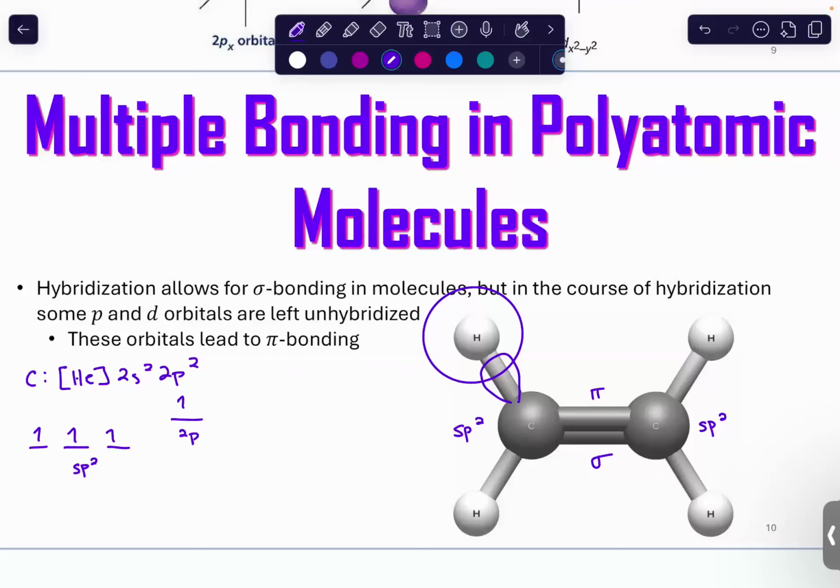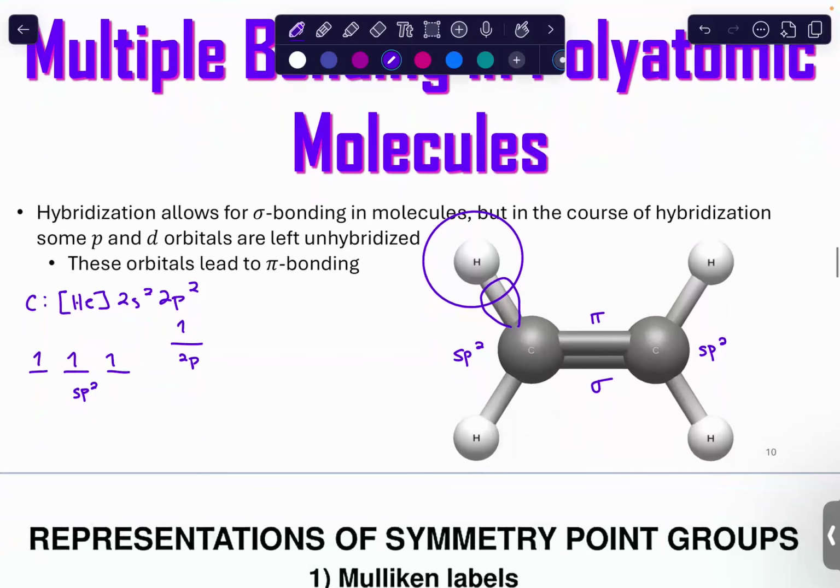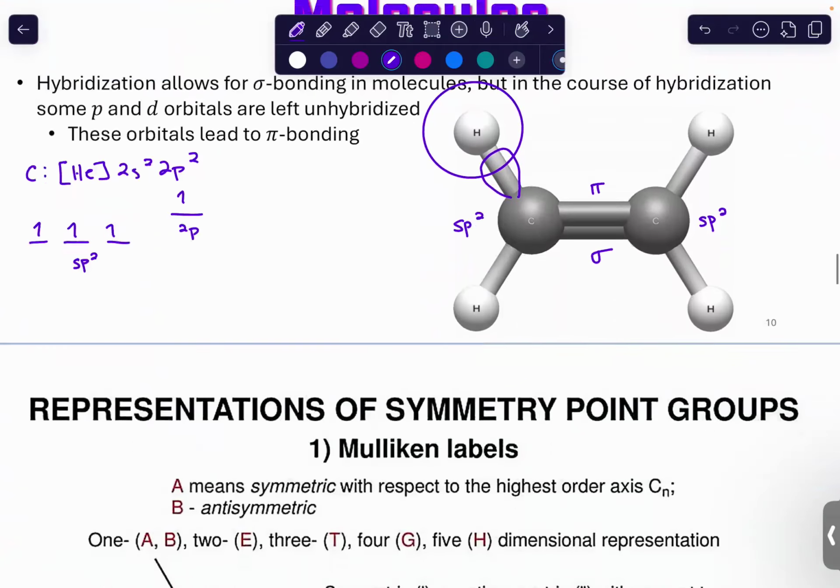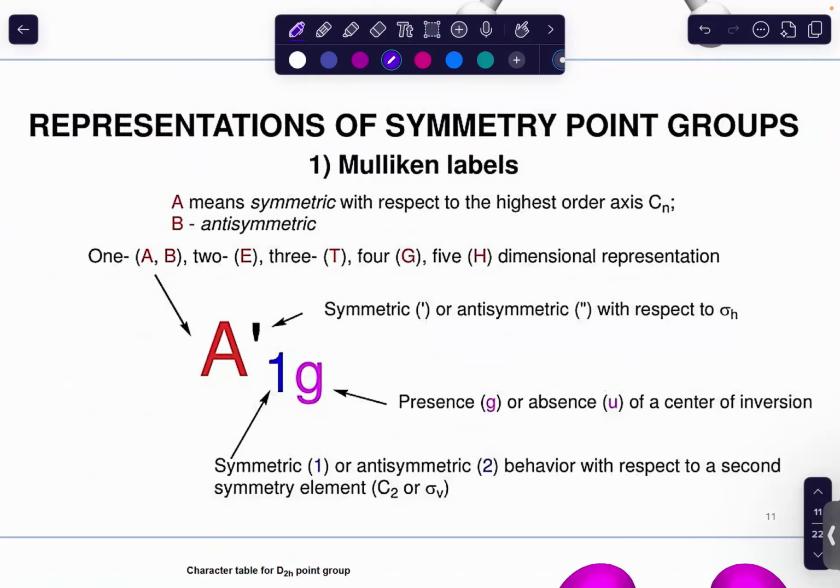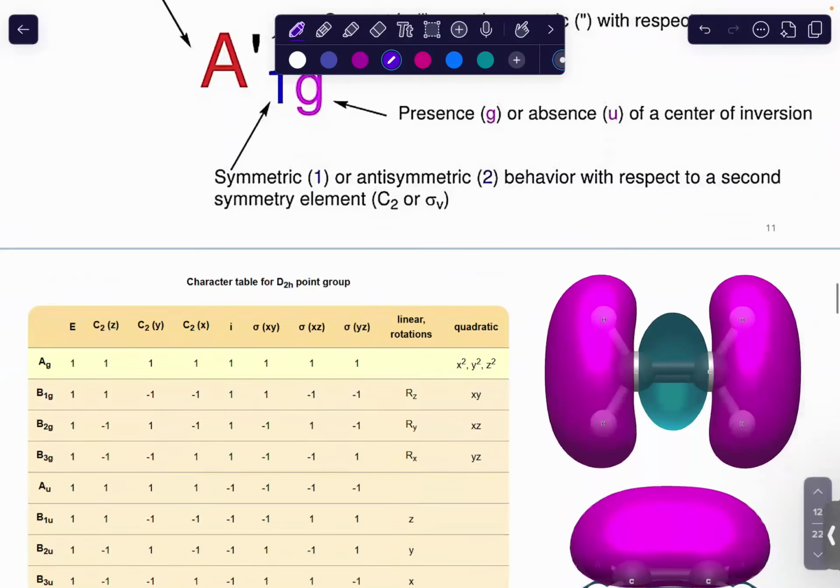However, it starts to get much more complex if we want to think about the molecular orbital structure. In Gen Chem, you couldn't have done this, it's just too many atoms, too complex. I brought this back because I want to make sure we remember this. This is how we assign molecular symmetries. When we're looking at orbital symmetries, we're not going to go through every one of these, so let's take a look at ethylene.